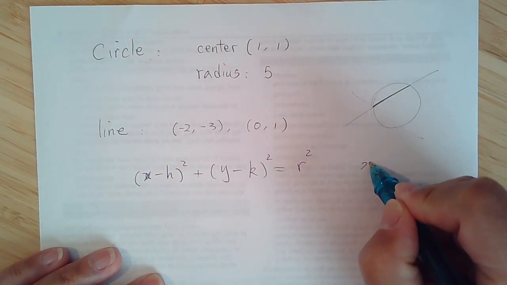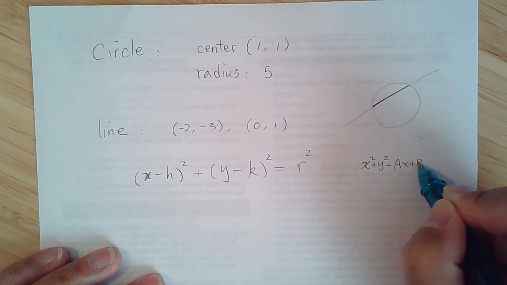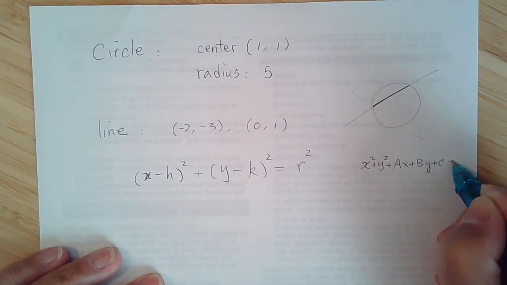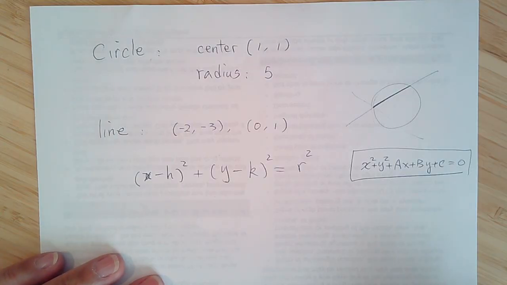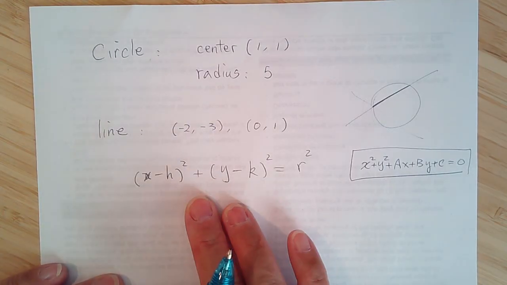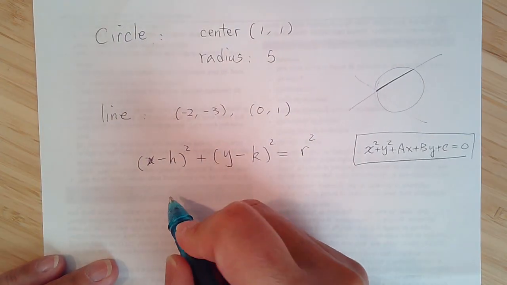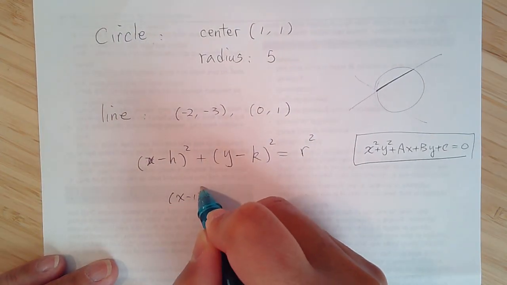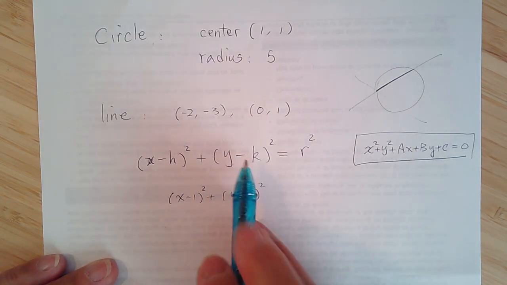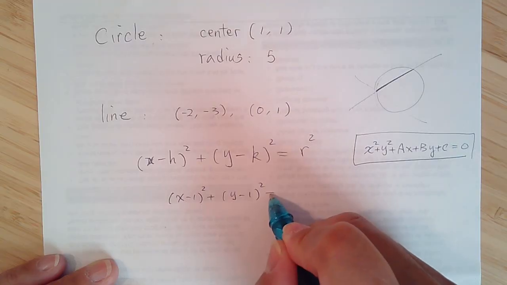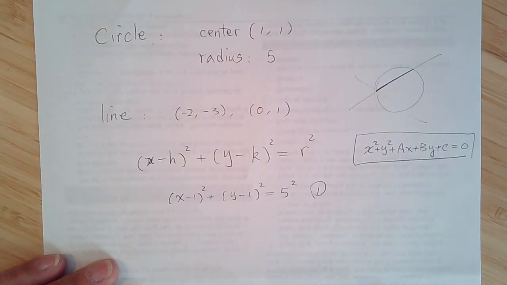There's another one, right? x squared plus y squared plus ax plus by plus c equals 0, and this is the so-called standard form of a circle. But anyway, I give you this because I give you the center and the radius. So the equation of this circle will be (x minus 1) squared plus (y minus 1) squared, because here (h, k) is the center, and that equals 5 squared. So this is the first equation. That's the equation of the circle.